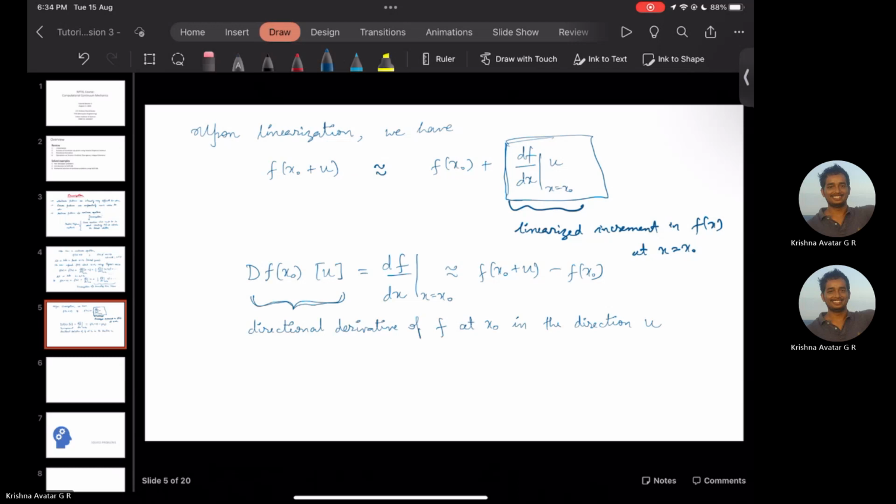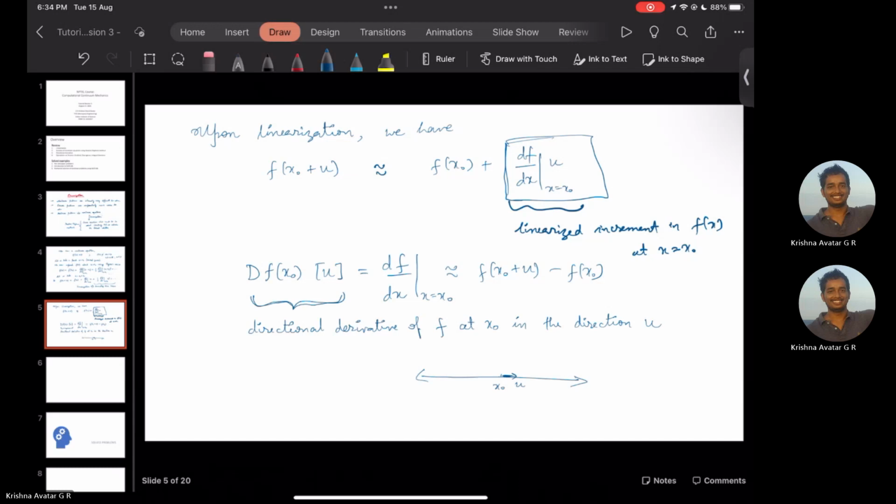So I'm just introducing here that in this case, direction u is nothing but a direction along the real line, isn't it? So we have say x naught here, and this is u. So this is nothing but just an increment along the real line. But when we have a vector, then it tends to have some sort of a direction, isn't it?